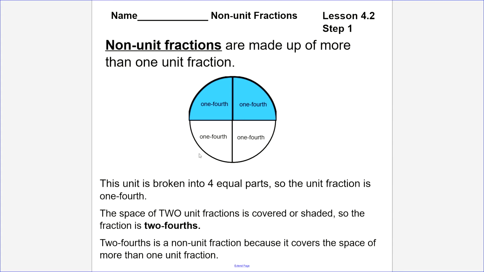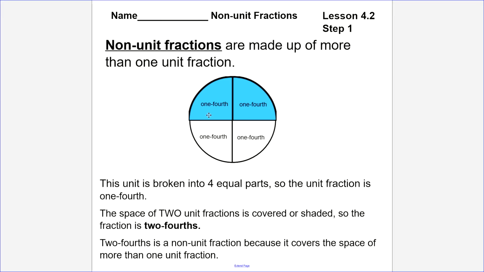You can see that the space of 2 of those unit fractions is covered or shaded. Here is 1/4, it's shaded blue, and here's another fourth, it's shaded or covered blue. That tells us that the fraction here is 2/4. 2/4 is a non-unit fraction because it covers the space of more than one unit fraction.